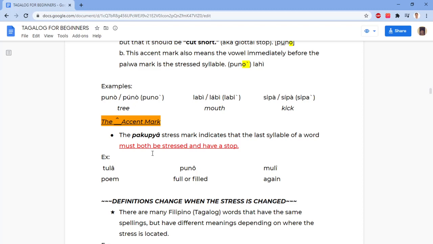But puno can also sound like I saw a fool. What fool? Full moon? No, it's like puno na ang baso. The glass is full. Puno, puno. That is pakupya. Make sure both stress and glottal stop.